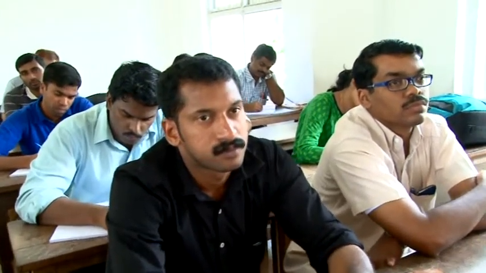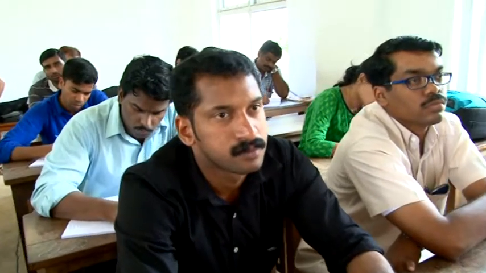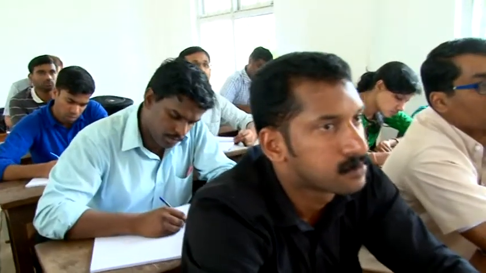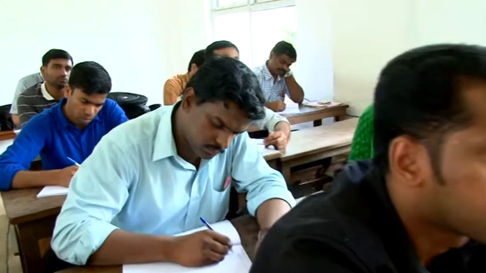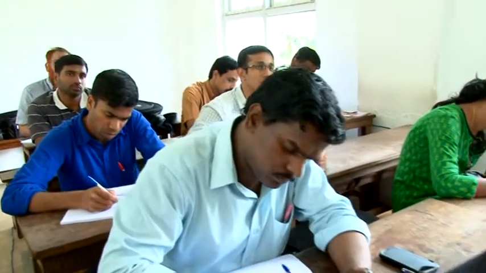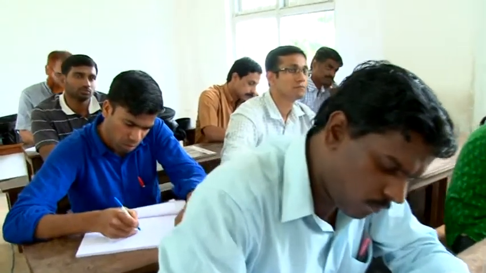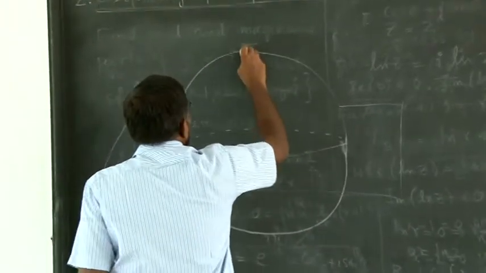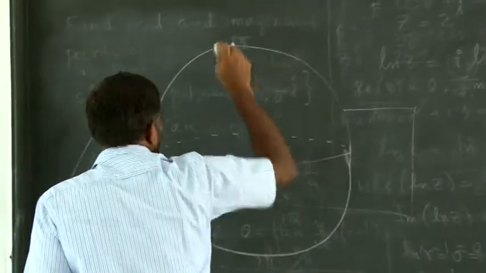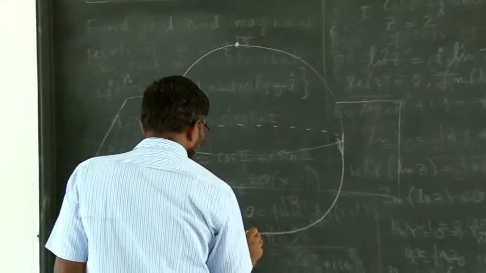This is your complex plane. That is, you have a sphere cut across the equator, then you have this complex plane. Let's say this is your north pole and this is your south pole.